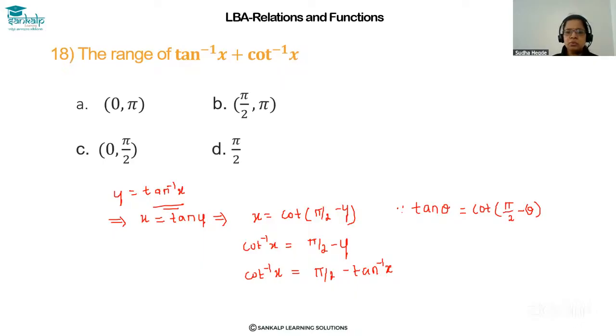Move this tan inverse x to the other side, minus will become plus. So tan inverse x plus cot inverse x is equal to pi by 2. Therefore, the range of tan inverse x plus cot inverse x is pi by 2. Therefore, option D, pi by 2 is the correct answer. Got it right?